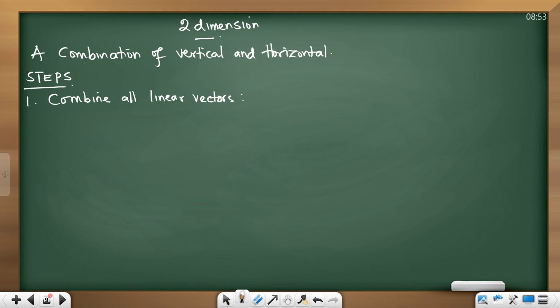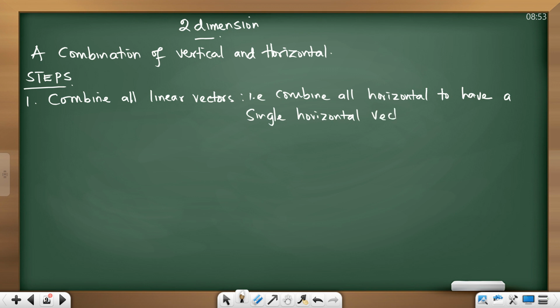Combine all linear vectors. When I say linear, it means combine all horizontal to have a single horizontal vector, and do the same for vertical.